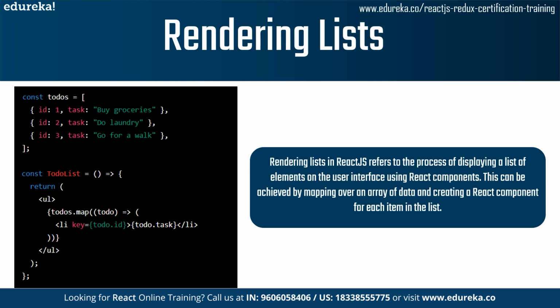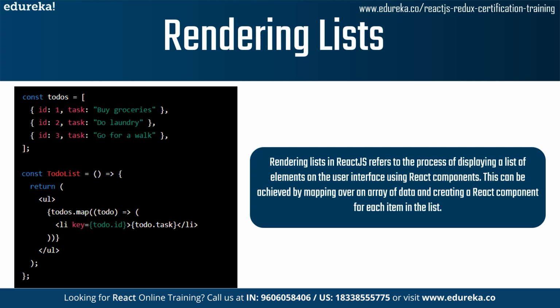Here I have shown the image over here, right? Here to-dos is an array of to-do items. The to-do list component maps over this array and creates a list of items inside the li for each to-do item. And this key prop, here you can see the key, no?